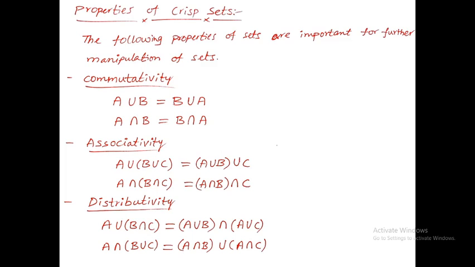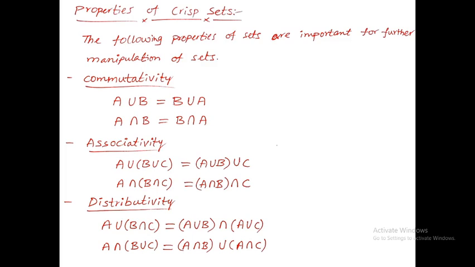It holds good for intersection also: A intersection B is equal to B intersection A. So commutativity works either way. You can union or intersect the sets, and both are equal. Next, the associativity property.